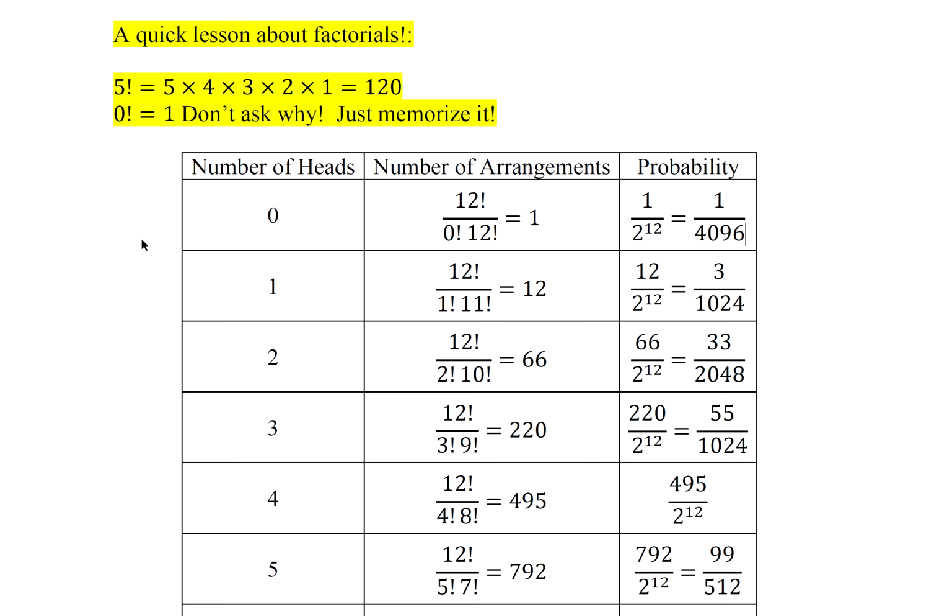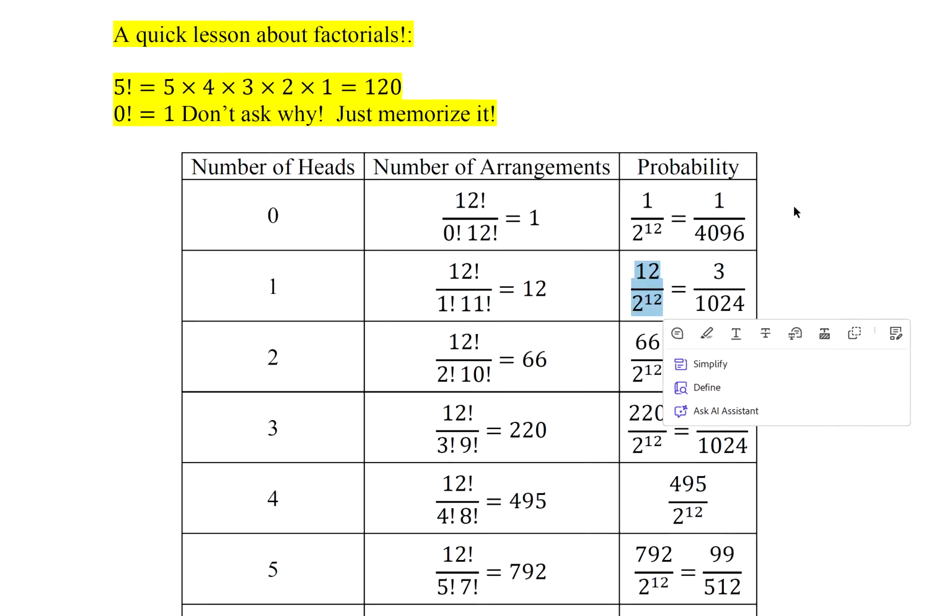And the denominator, the first term in the denominator is number of heads. The second term is number of tails. So when we have, for number of heads being 1, that means 1 head, 11 tails. Look at the denominator. It's 1 factorial times 11 factorial. So there's 12 different ways we could get 1 head and 11 tails.